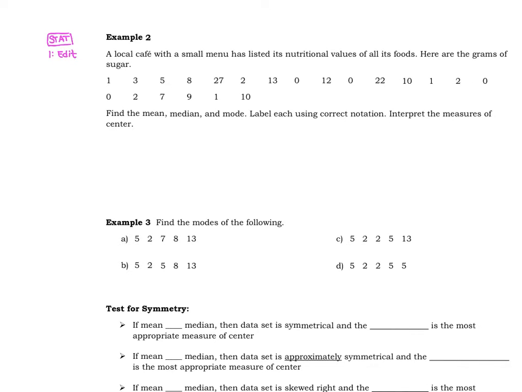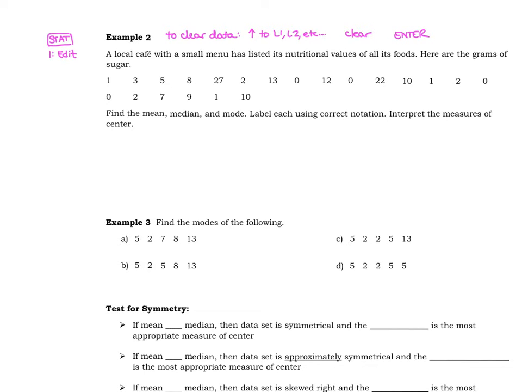By the way, if you need to clear any data, let's say you have some in there, you will arrow up to the list name, whichever one you want, L1, L2, etc. When you're there, hit clear, which is right below the arrow keys, and then hit enter, and it will clear out any values that are in there.